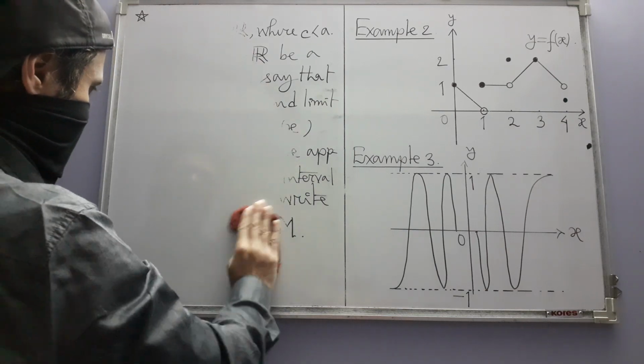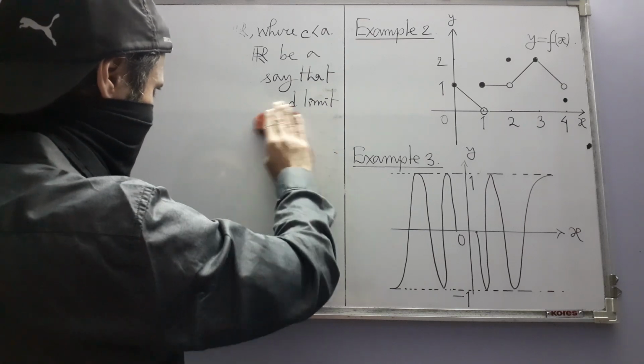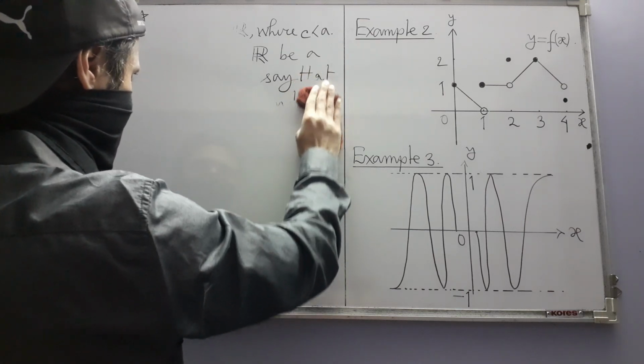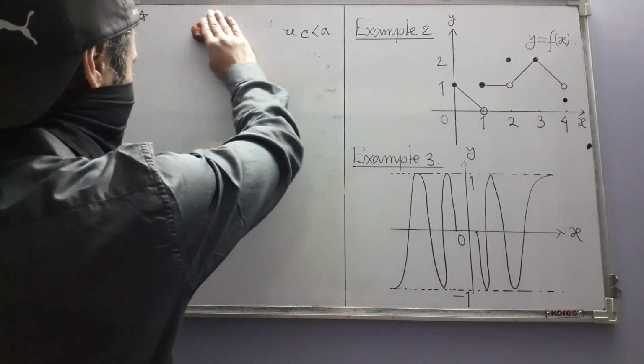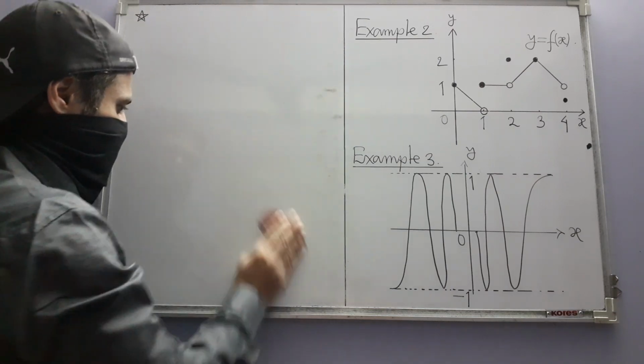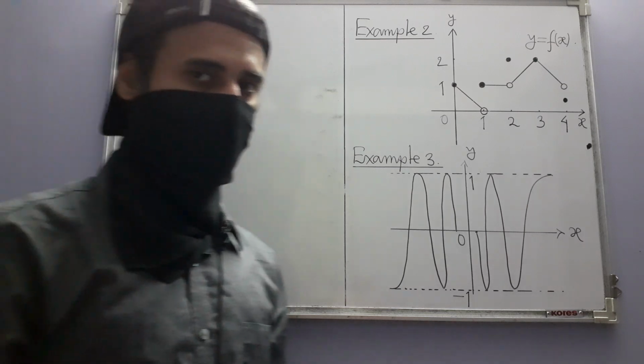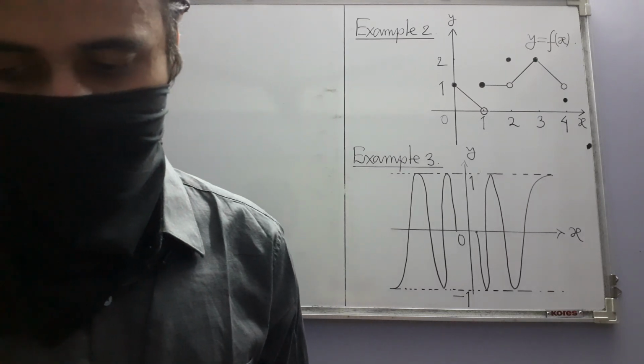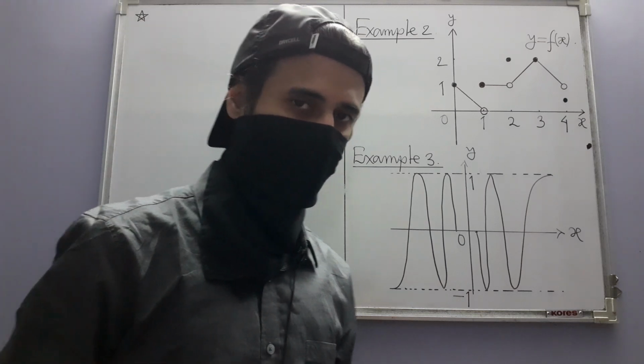Recalling the epsilon delta definition of original limits, we have seen that there are two sides of a, and both of those sides are considered in the definition of an ordinary limit.